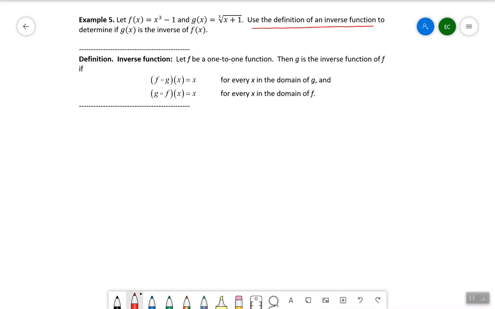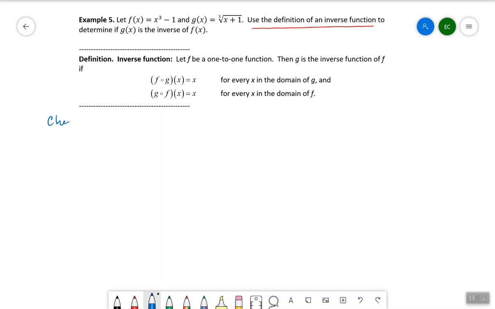So you know how to find the inverse of a function like f of x or g of x, and in theory you could go through that process to see what the inverse is, but that's not what the problem is asking. The problem is asking to use the definition, so we have to know that definition. That definition says we need to check these two compositions, and we need to see what they come out to be.